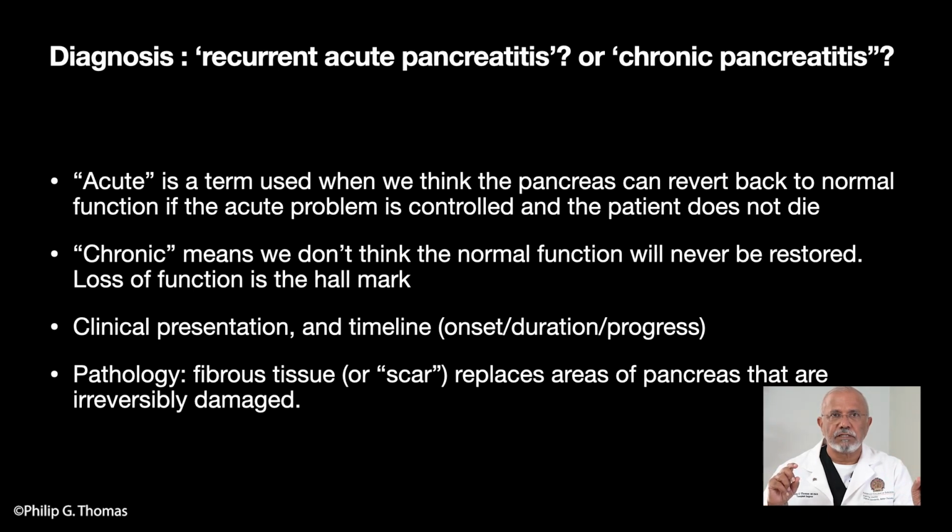Fibrosis in the pancreas can be seen on the CT scan as shrinking of the pancreas substance and dilatation of the pancreatic duct. Those two features are not seen in this patient, so we can be fairly confident that there is no evidence of chronic pancreatitis in this patient, and what he has had is a recurrent acute attack.